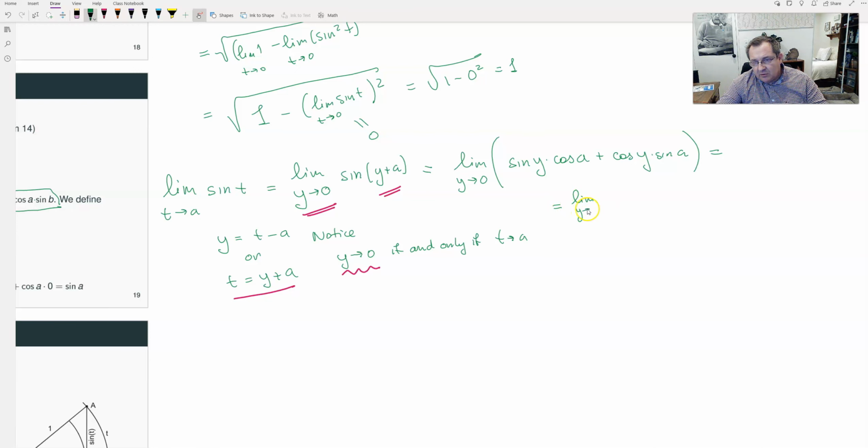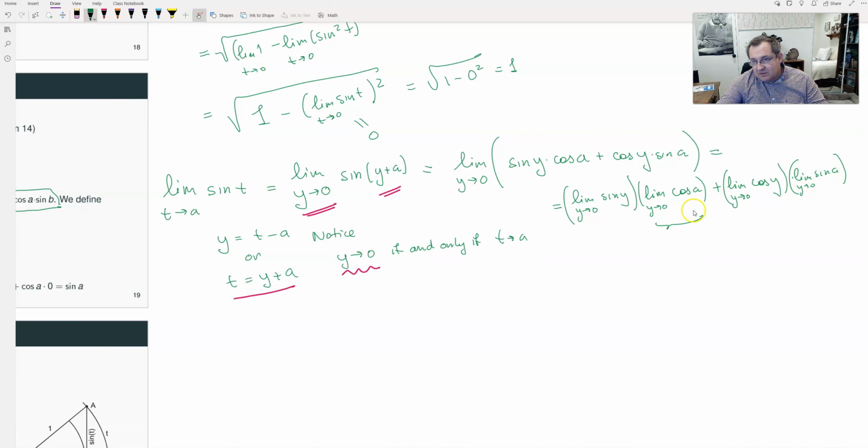Limit as y goes to 0 of sine y, that's our first term, times limit as y goes to 0 of cosine a, plus limit as y goes to 0 of cosine y, times limit as y goes to 0 of sine a.